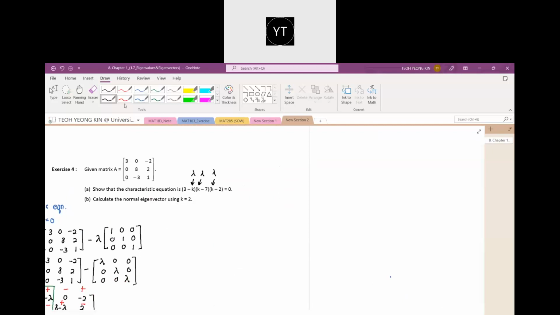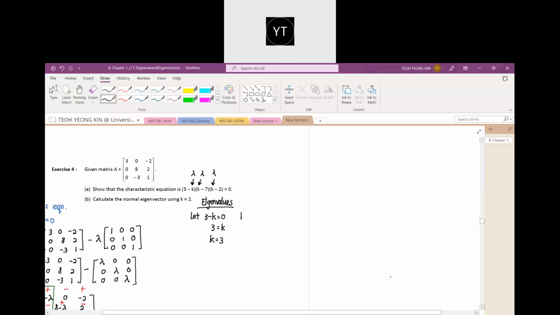So actually our eigenvalue, from the characteristic equation, we can get our eigenvalue. How? Just let 3 minus k is equals to 0. So 3 is equals to k. So the first value k is equals to 3.